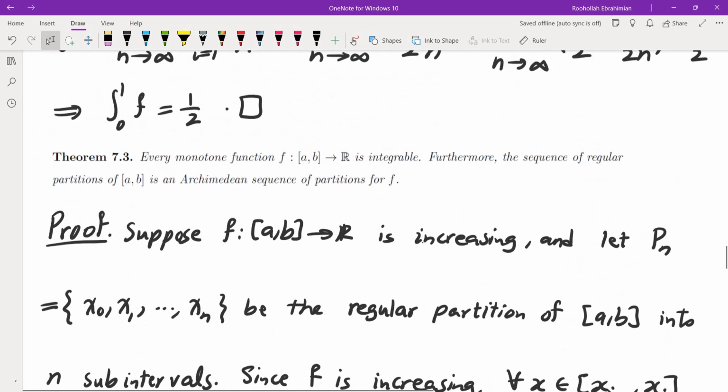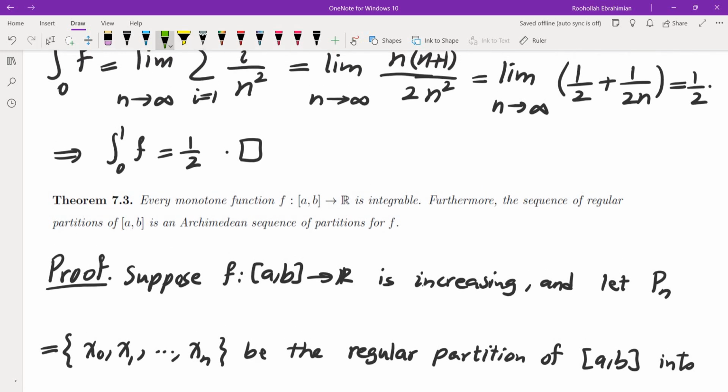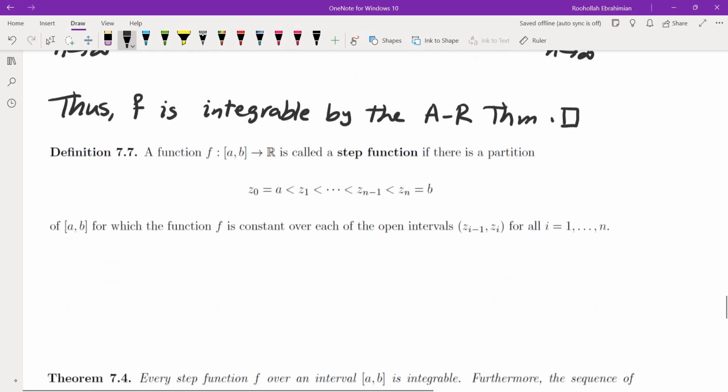And in fact, we showed the second part kind of automatically: the sequence of regular partitions is an Archimedean sequence of partitions. Okay, so this is very good because anytime you're dealing with a monotone function, you could just use the sequence of regular partitions.